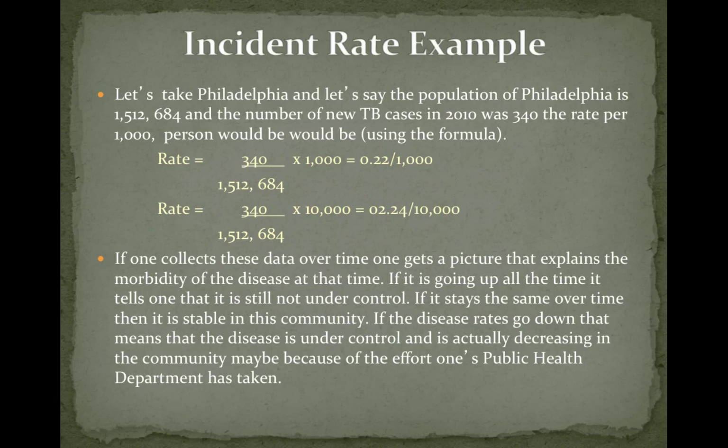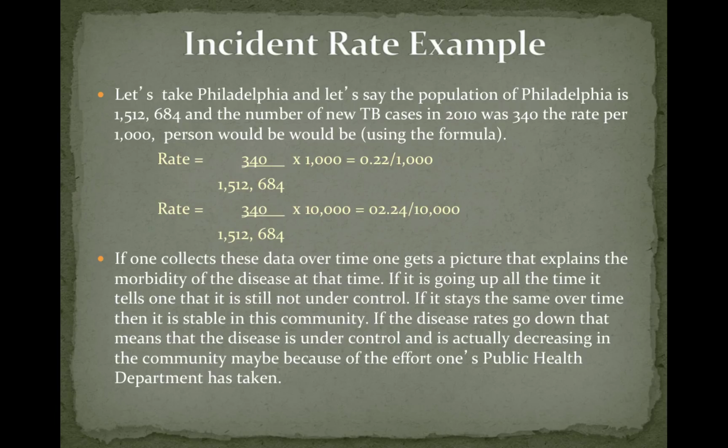And basically what you're looking for is an answer that makes sense. If you look at that first one, 340 divided by the population times 1,000, you get 0.22 per 1,000. The way that is interpreted is that for every 1,000 people, 0.22 will be infected with tuberculosis.